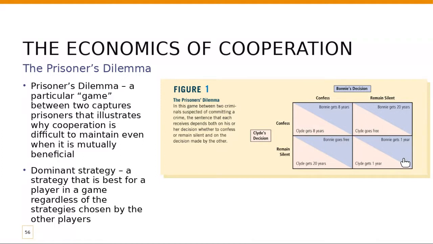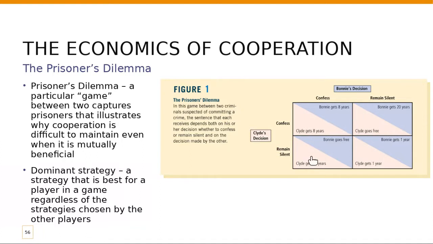So this introduces us to the concept of dominant strategy. Notice that if Bonnie confesses, she will get 8 years in the event that Clyde confesses, versus 20 years if she stays silent. So if Clyde is to confess, Bonnie should confess. She gets a lighter sentence.